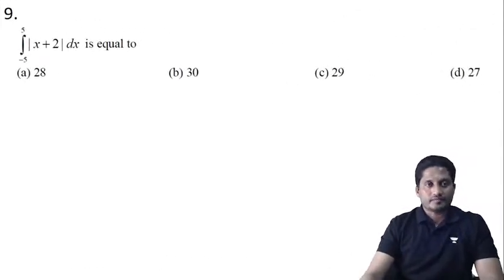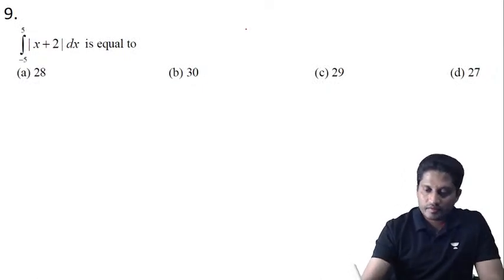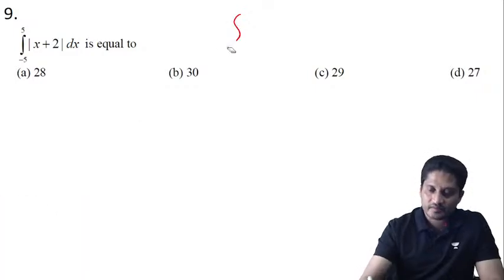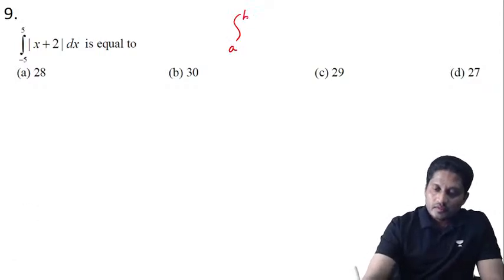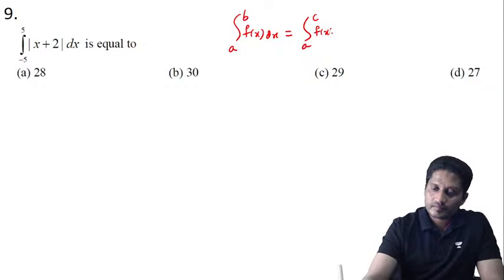Question number 9. This you have done in boards only. Suppose you have the integral from a to b of f of x dx, it can be written as the integral from a to c of f of x dx plus the integral from c to b of f of x dx.